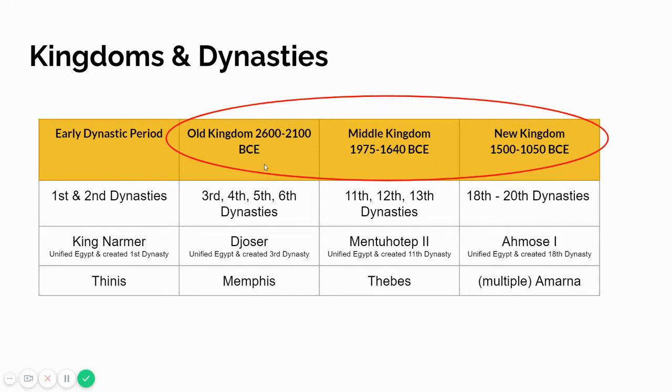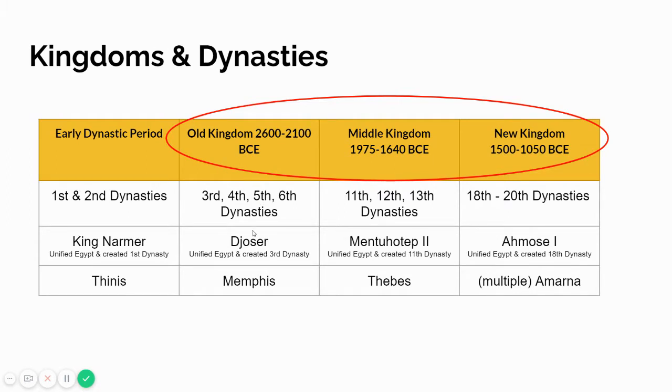In our Old Kingdom time period, from about 2600 to 2100, we have the third, the fourth, the fifth, and the sixth dynasties. Okay, so the kingdom is an overarching time period, and then you have dynasties within the kingdoms.